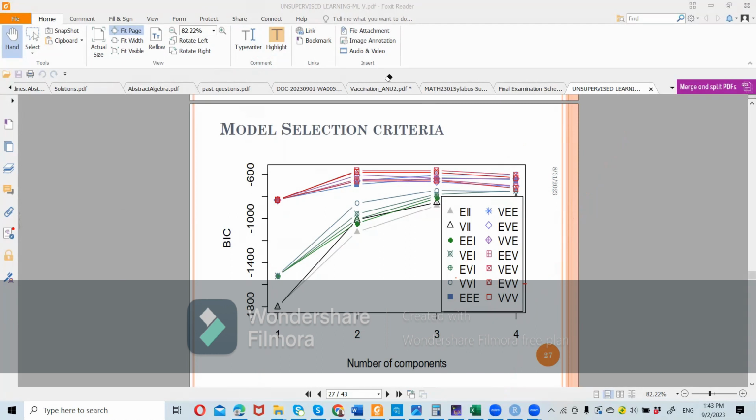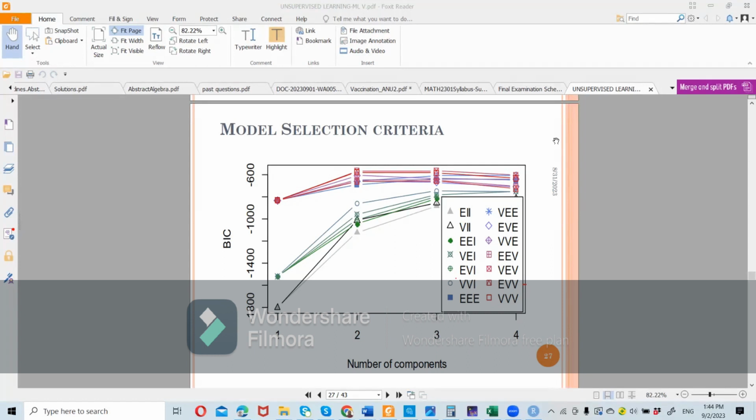But among them, the one that has the highest BIC is around minus 600. So the model is adjudged better to describe the relationship. And that is how it works. Next slide, please.